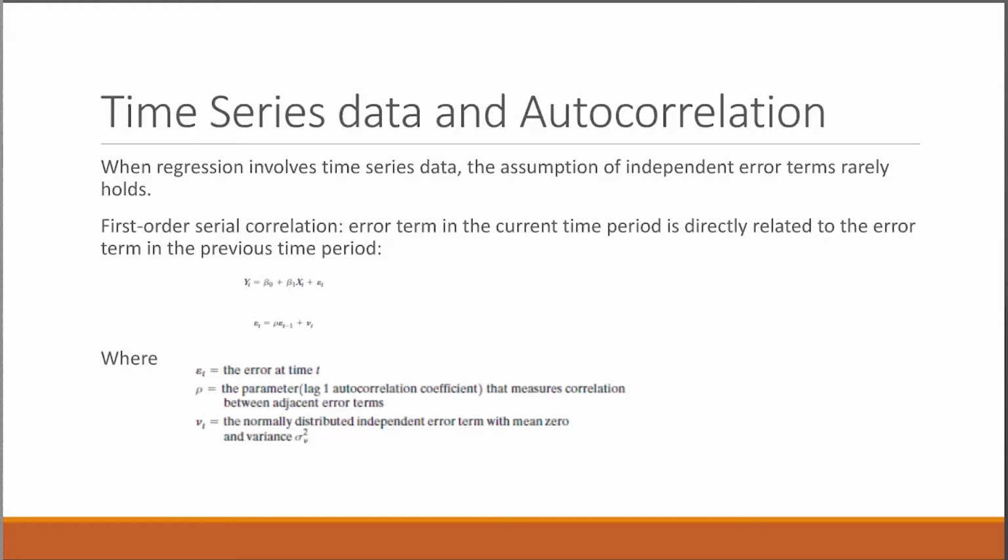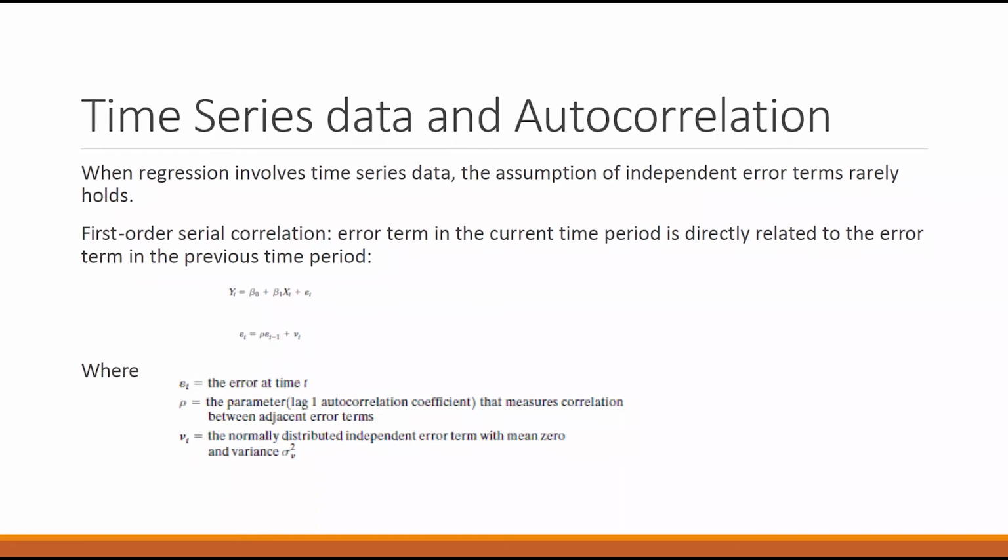So here's some more details about what's going on when we have time series data, how the error terms are correlated with each other. If you look at this equation, that's our typical simple linear regression model, where y is the dependent variable, x is the independent variable, and beta 0 and beta 1 are the coefficients to be estimated using the data. And lastly, the epsilon t, that's the error term, right? We usually require and assume the error terms to be independent of each other.